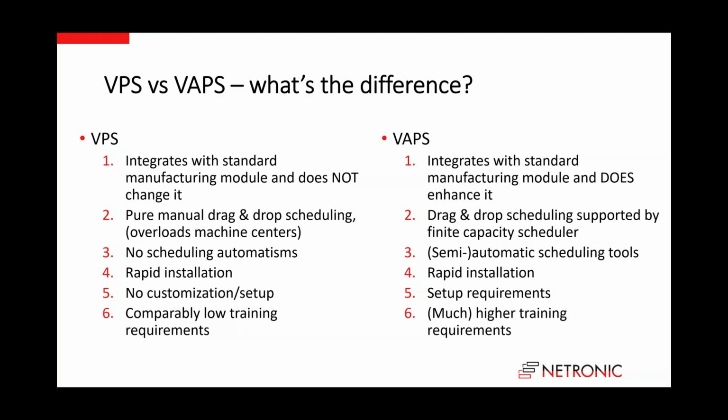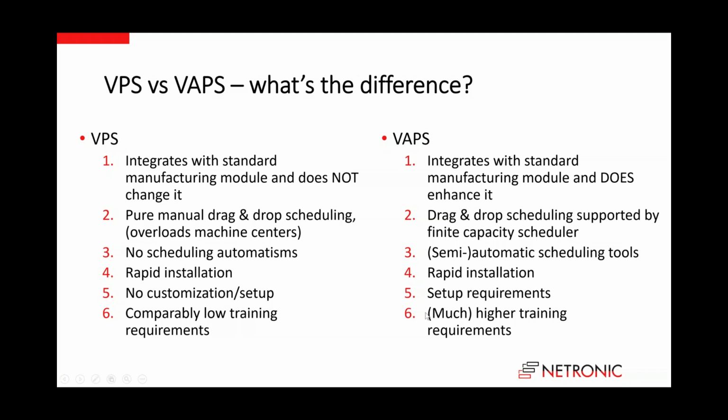So they are vanilla extensions that you just install, and once the VAPS is in the app store, you can just get it from AppSource and get it running there like any other app. So this should be really easy. With the VPS, there is almost no customization, no setup time. So you just install it and it's running because it integrates with the standard, and it visualizes what you have in the standard product.